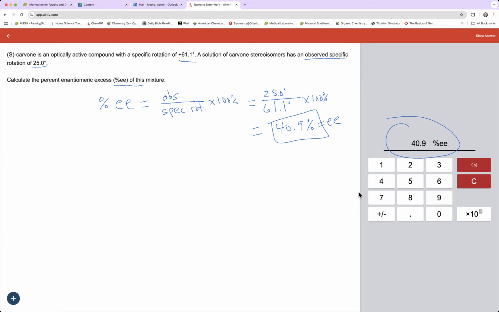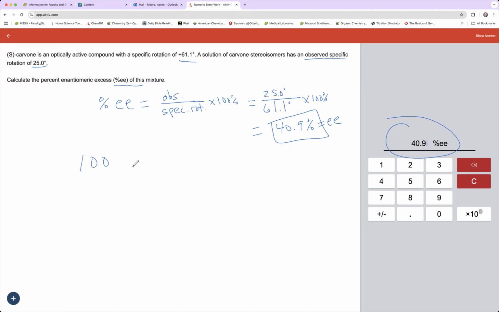But I just want to take this question a step further and talk about how to get the actual composition of the two isomers in this mixture. I did one of these calculations in the lesson itself, but I'll do another one here. Remember that 40.9% is the excess, so the rest of it is a racemic mixture. I have to figure out how much that happens to be.